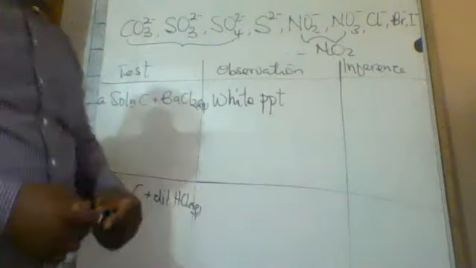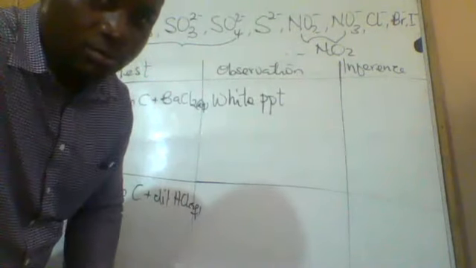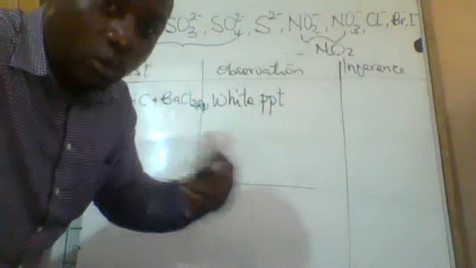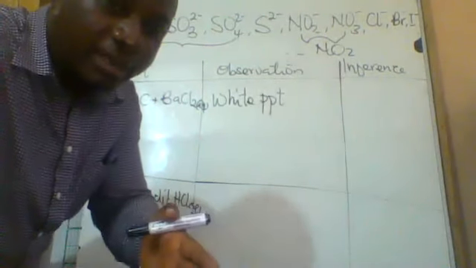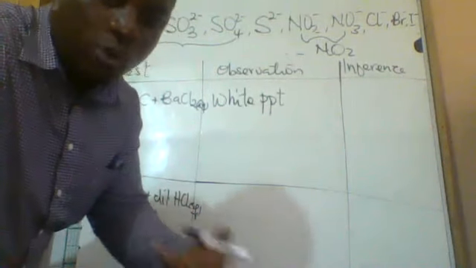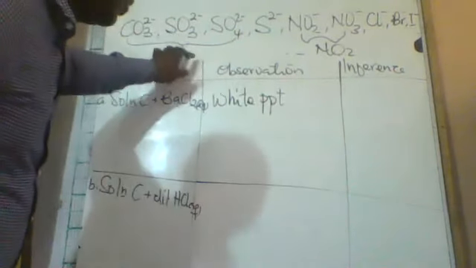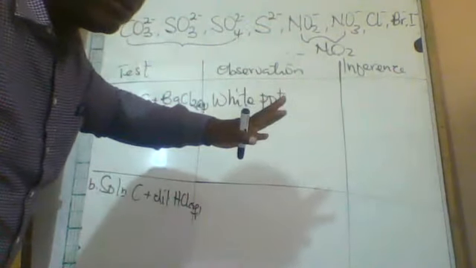Please, this one is anion. For anions, we don't qualify the white. For the cation, you qualify the white so that you know whether it is zinc and aluminum or lead and calcium. So we qualify the white with gelatinous and chalky. But for the anions, we don't qualify it.